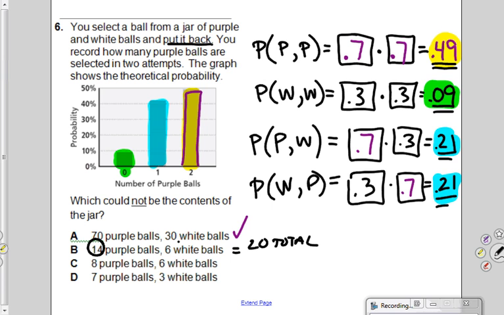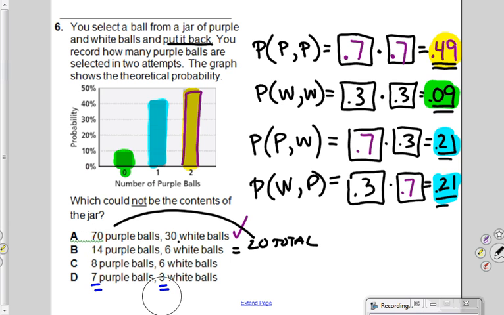Is 14 20ths 0.7? Is 6 20ths 0.3? Okay, so I think we're going to get the same answers if they were 14 and 6. I think we're going to get the same answers if they were 7 and 3. Wouldn't it still be 0.7 and 0.3?